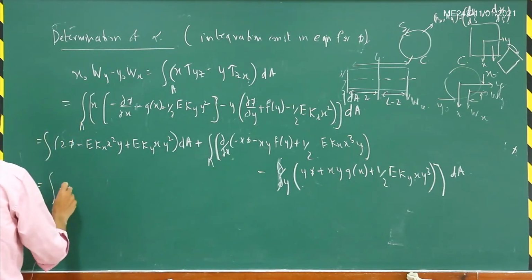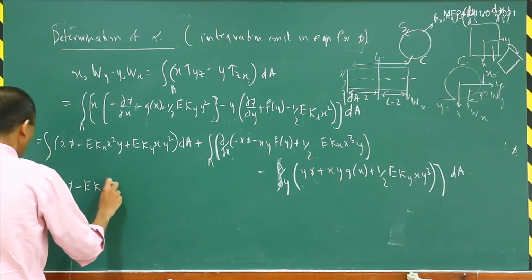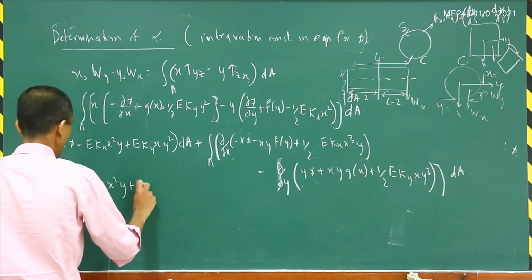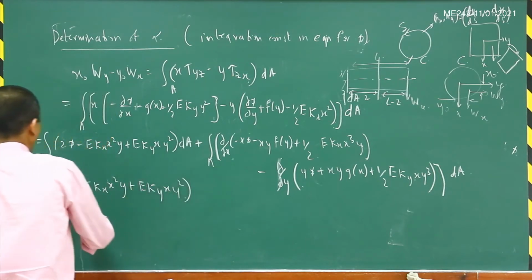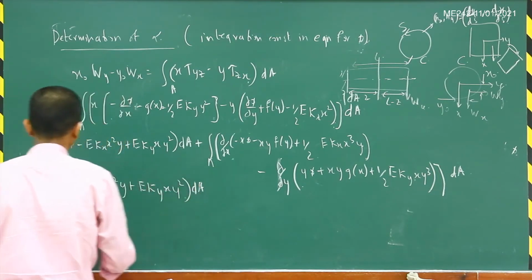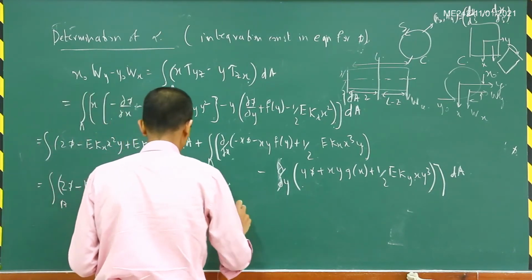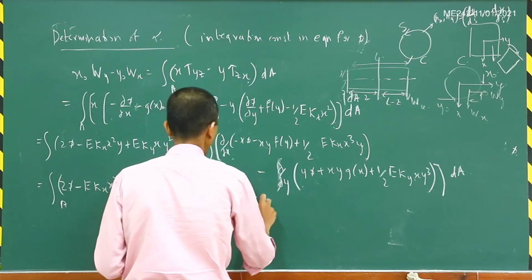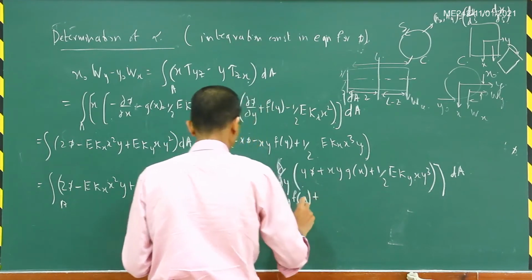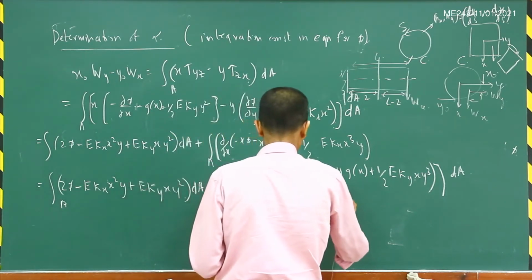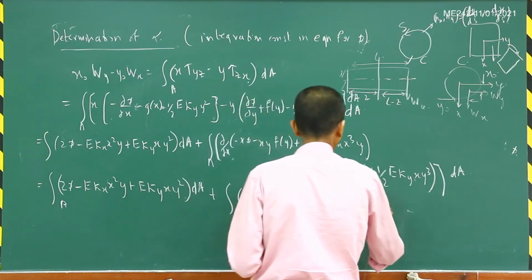And now this is equal to the integral of 2 times phi minus e kappa x times x squared y plus e kappa y times xy squared times dA over A, plus the integral of minus x phi minus xy f of y plus half of e kappa x times x cubed y times dy by ds.